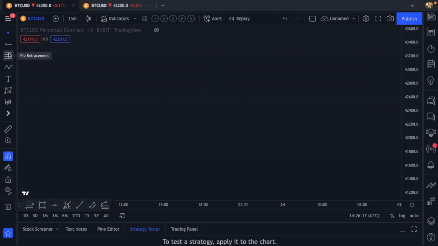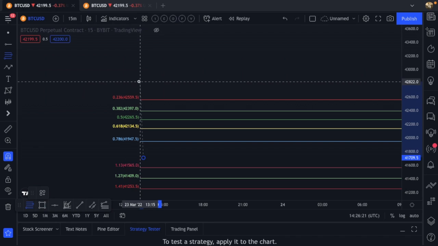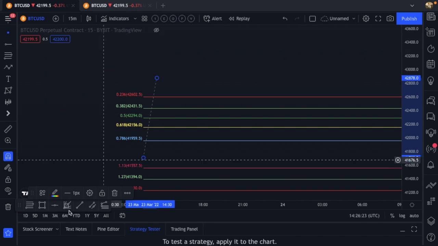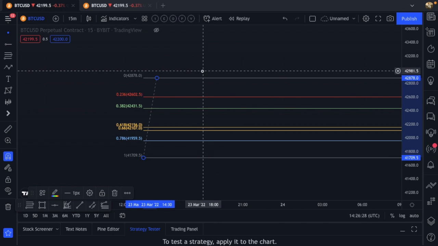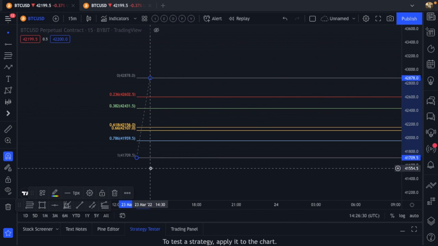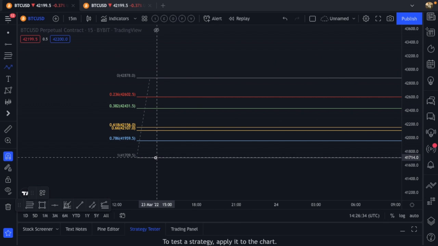I'm first just going to pull a simple fib here for us to get an idea of price action. Okay, so this is what we're going to do.